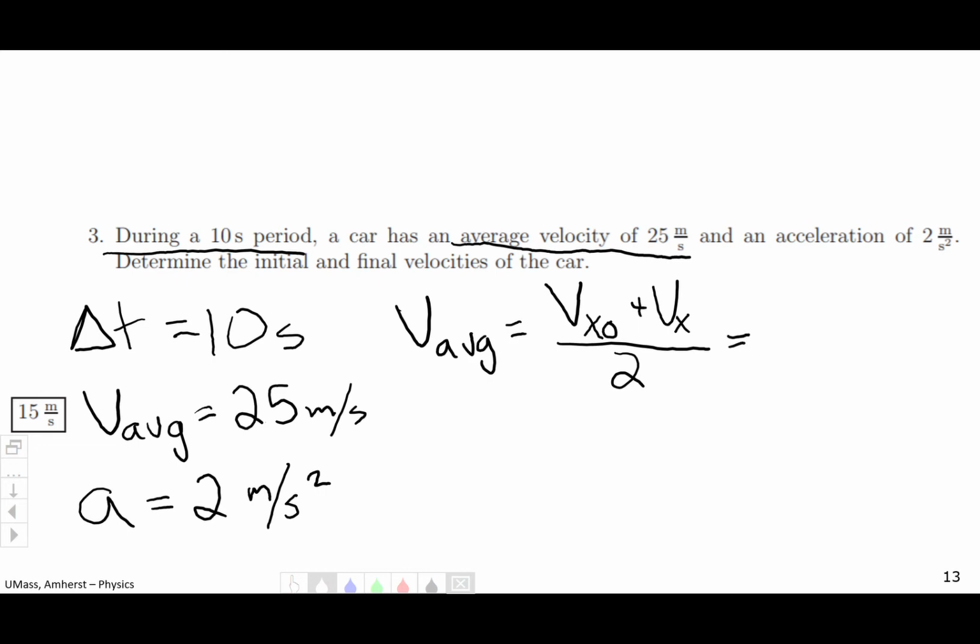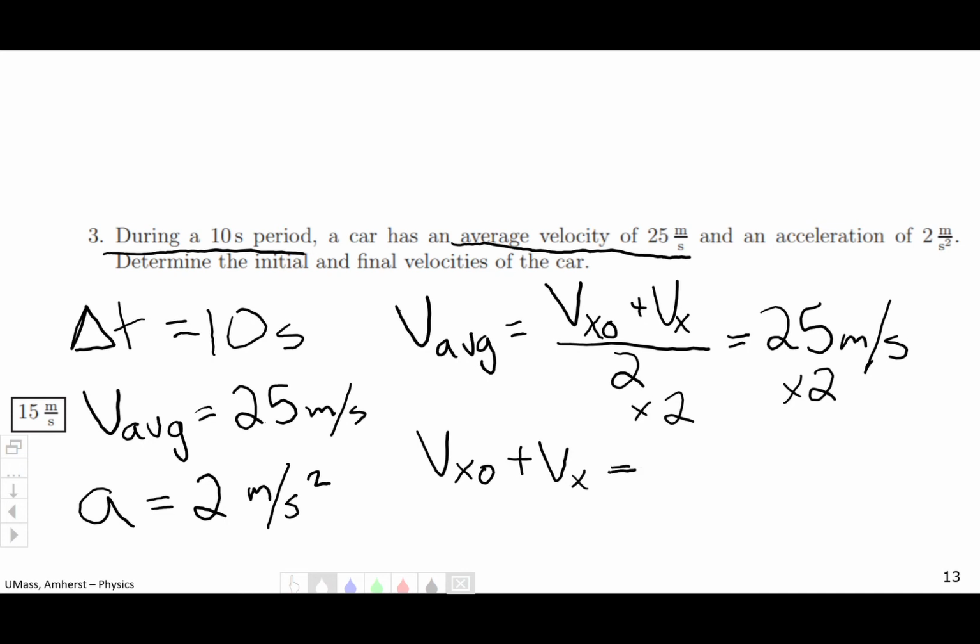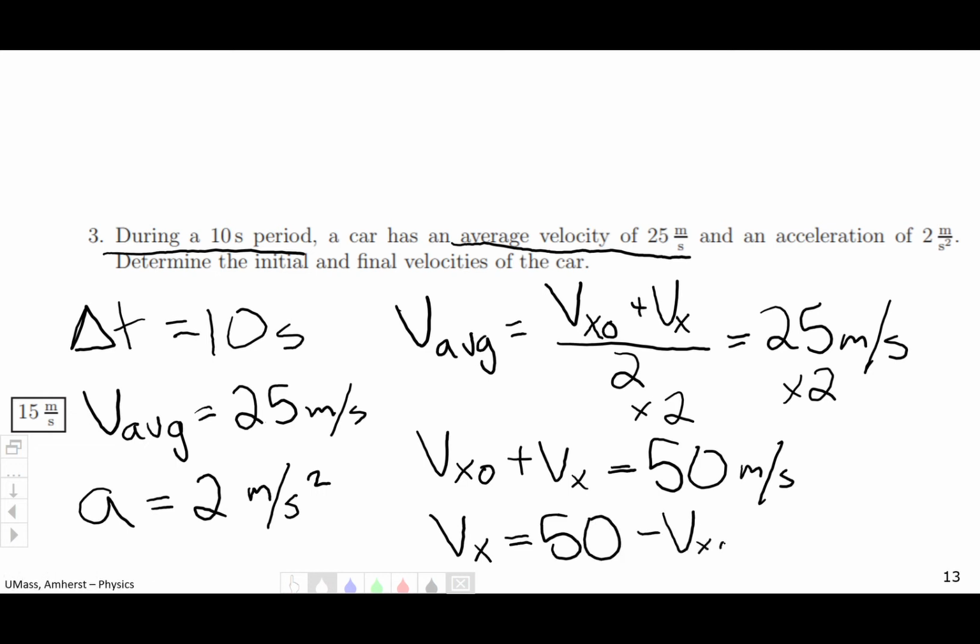So if that equals 25 meters per second, we can then multiply by 2. We get that Vx0 plus Vx equals 50 meters per second, which means that Vx equals 50 minus Vx0.